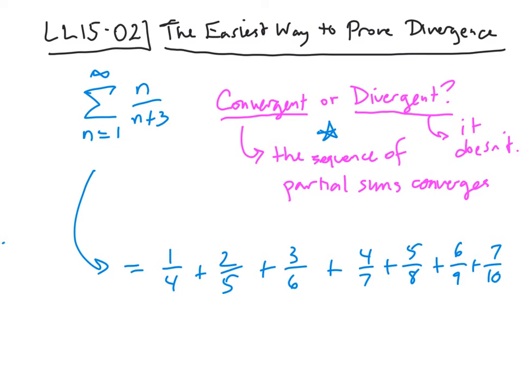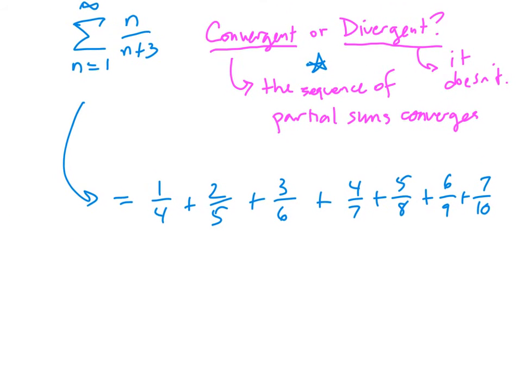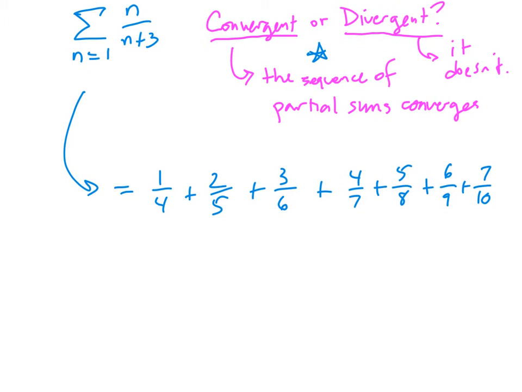So let's look at these terms and compute a few partial sums, and see what pops out of the woodwork here. The partial sums are going to be 1/4, that's the first partial sum, and then adding 2/5 is going to give me, I think, 13/20.